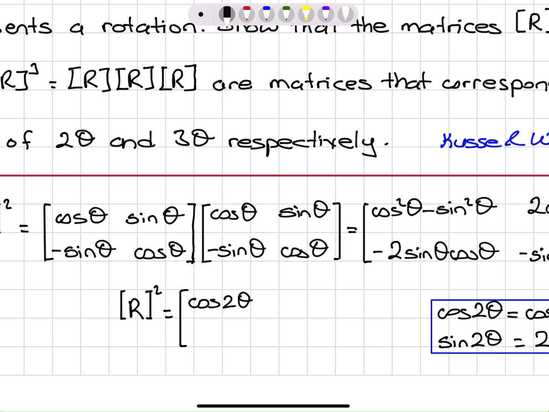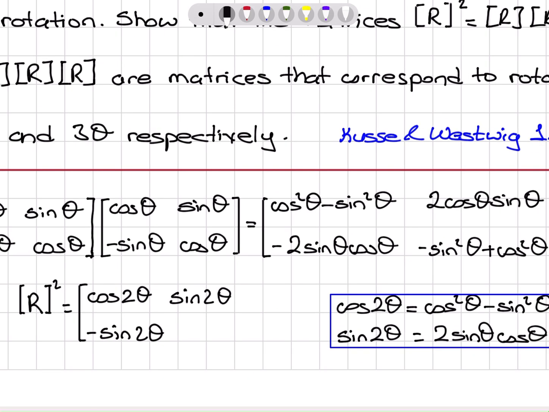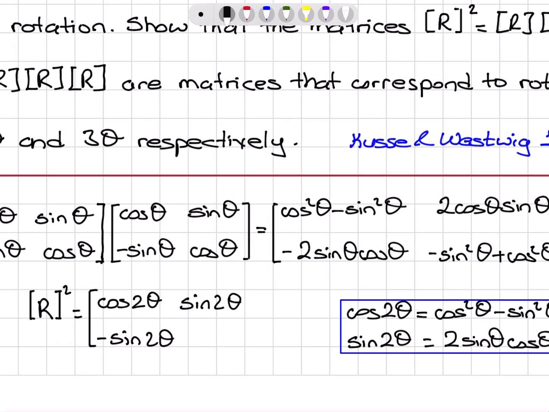The second element is 2 cosine sine, that is sine 2 theta. The third element, minus 2 sine cosine, is minus sine 2 theta. The fourth element, cosine square minus sine square, is cosine 2 theta.